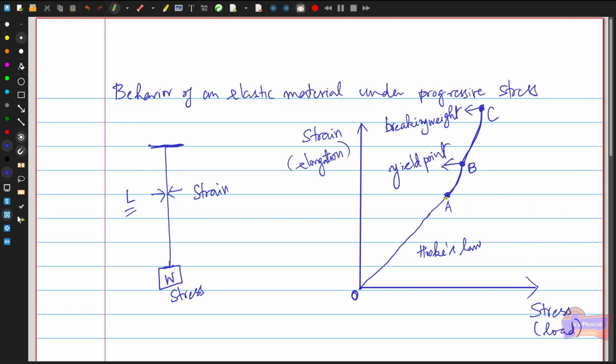After some point A, the wire will have permanent elongation up to point B. If you keep on increasing the load, the area of cross section keeps on reducing rapidly and the length also rapidly increases. At some point the area of cross section is going to be near zero, so the wire will break.